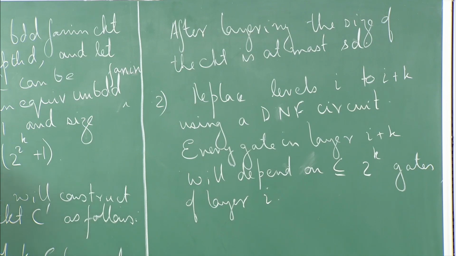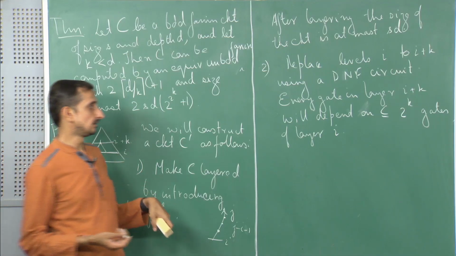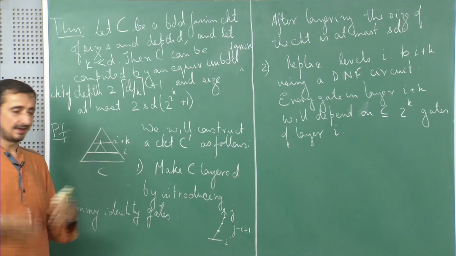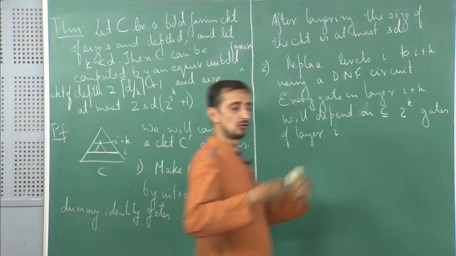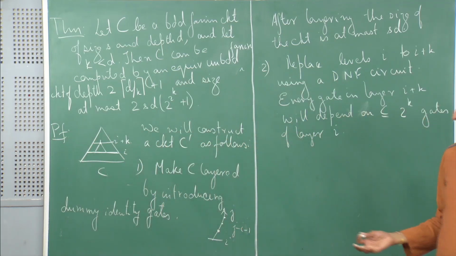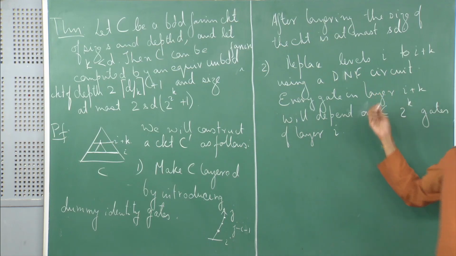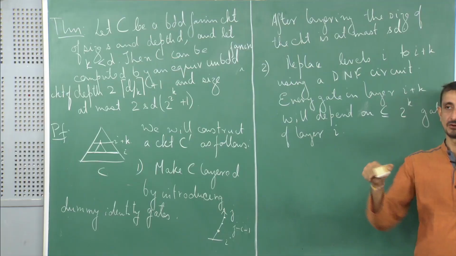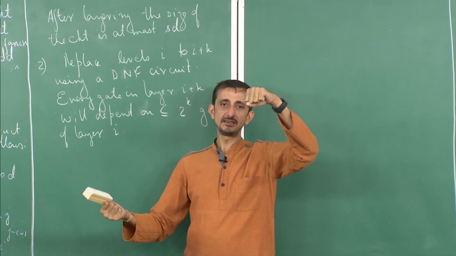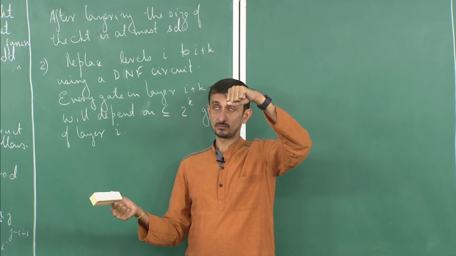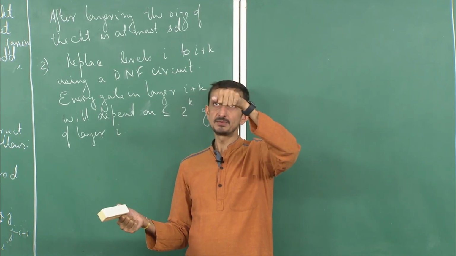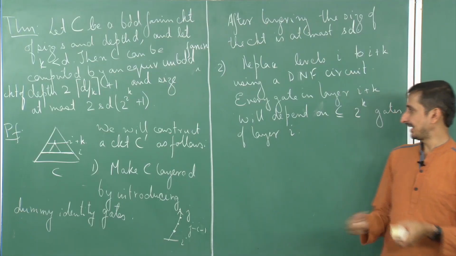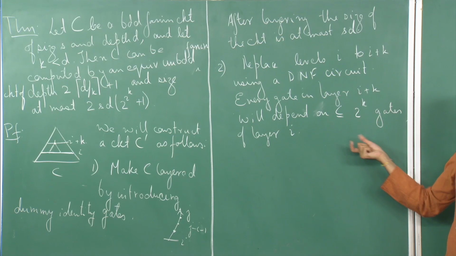You can think of it as a truth table which has 2 to the power k inputs, and the size of this truth table will be 2 to the power k. If I am doing a DNF, I have an OR gate at the top. This OR gate is a combination of 2 to the power k many AND gates, and each AND gate can have at most 2 to the power k variables from this layer.